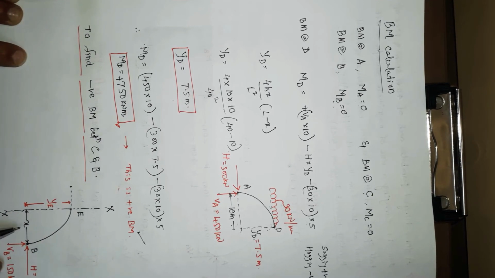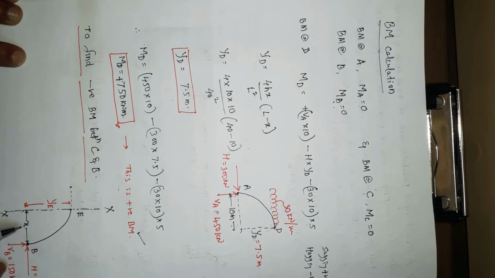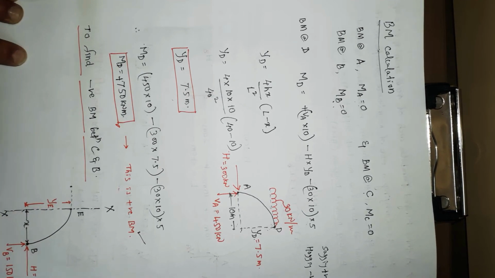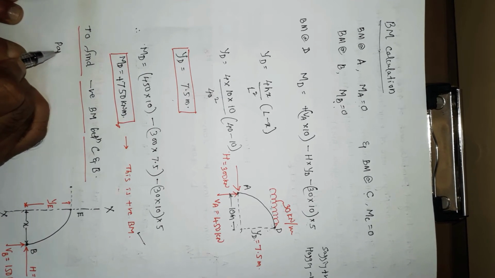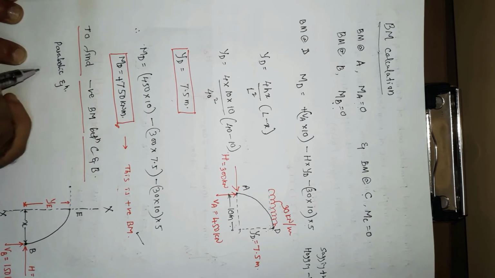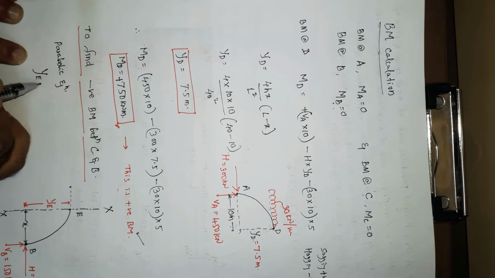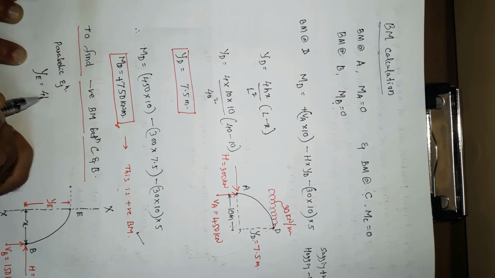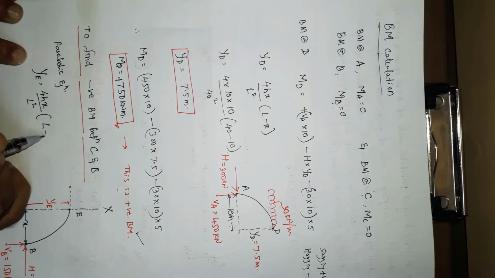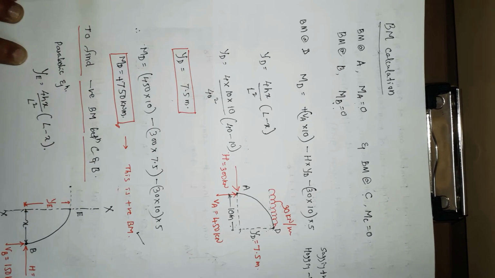Now here X is not known. First we're going to find this X, then we calculate the bending moment at E. Y is also not known. And we know the parabolic equation YE is equal to 4HX by L square into (L minus X).